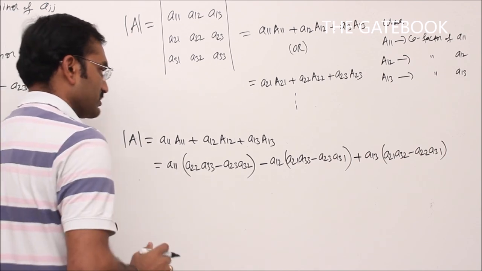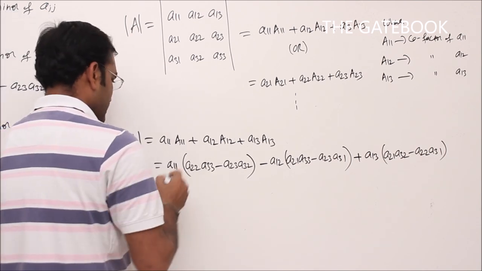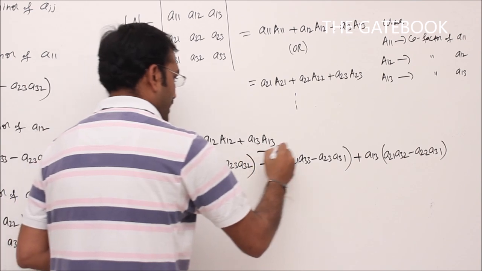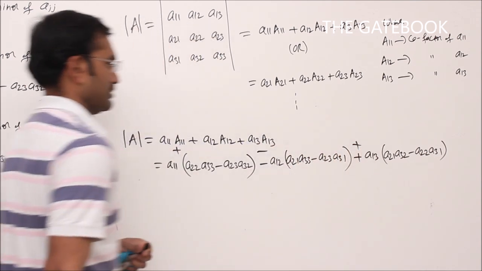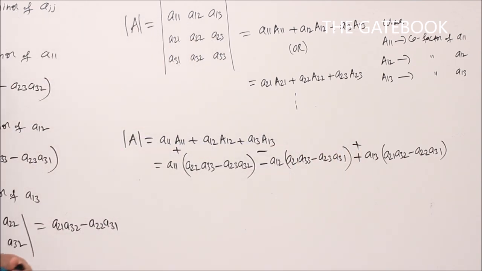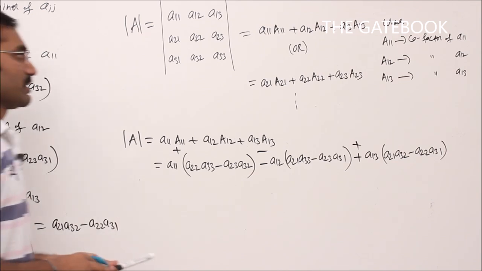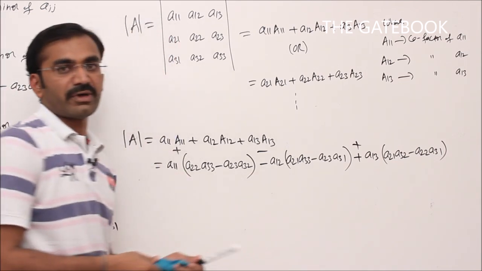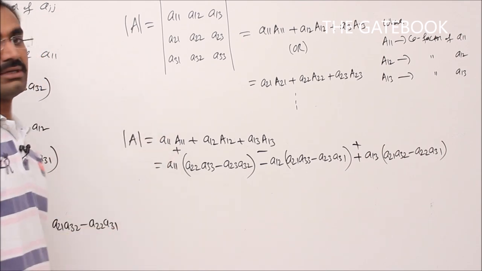An important observation is that we get the signs plus, minus, plus. Similarly, we can find the determinant of 4 by 4 and 5 by 5 matrices using the same technique.